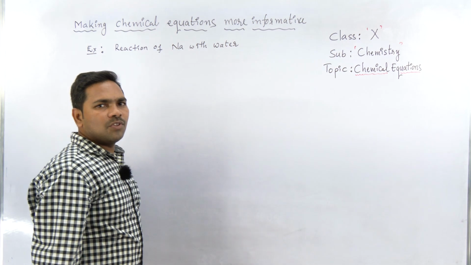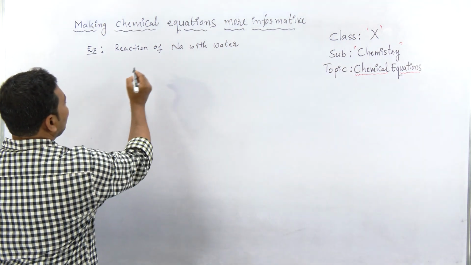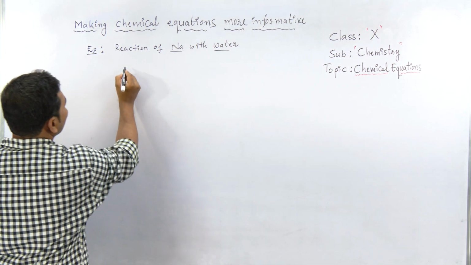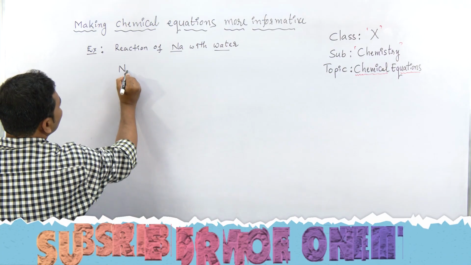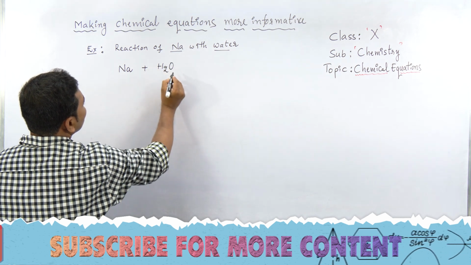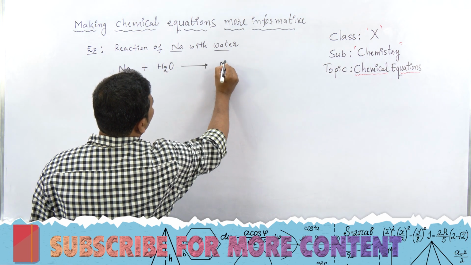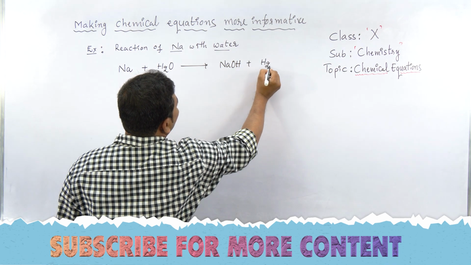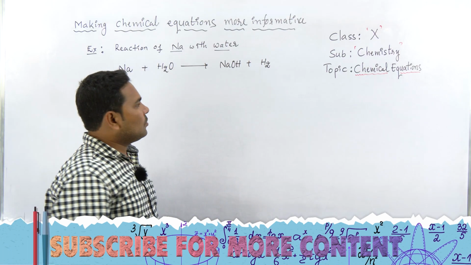In this example, sodium reacts with water. I write the chemical equation: sodium plus water gives rise to sodium hydroxide plus hydrogen.